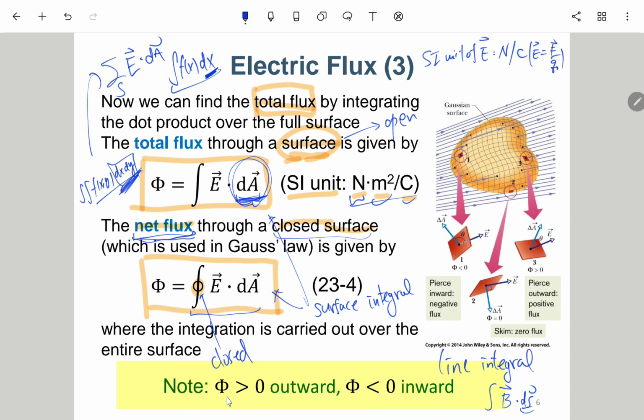Okay, so the integration is carried out over the entire surface. Note phi is larger than 0 outward, and phi is less than 0 inward. What does it mean? Just now I mentioned that dA can have two directions for an element.